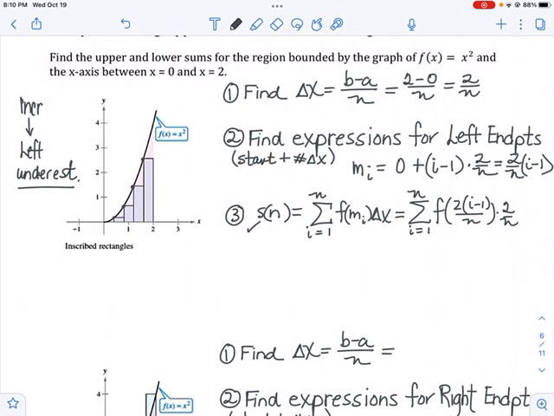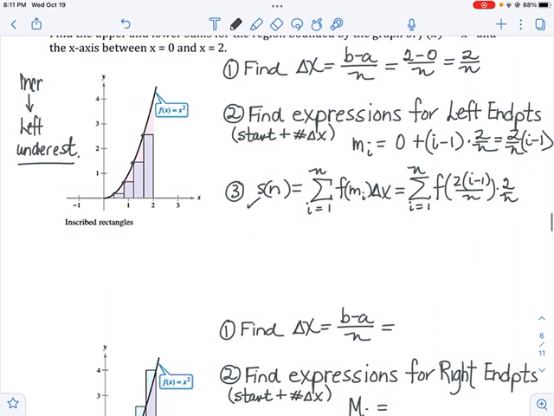Okay. So when you're working with this, you can pull the 2 over n out front, but I'm going to wait until I get done with the function here. So the function itself is x squared, and I'm going to replace this functional notation with the actual function.